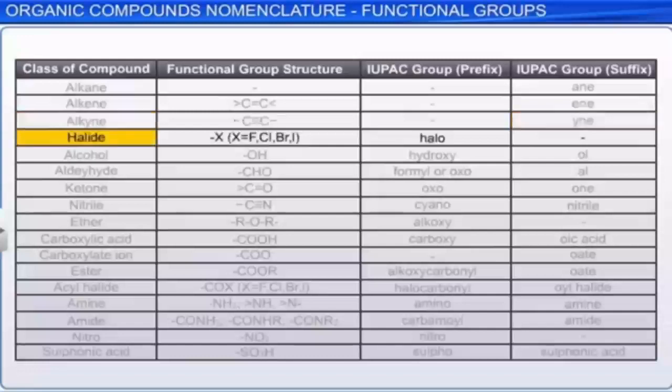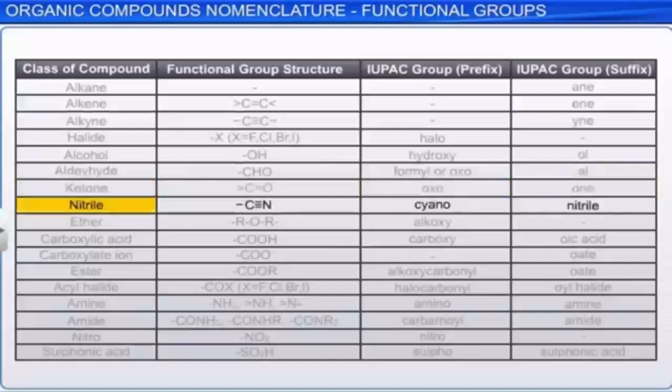The halide group prefix is halo. The alcohol group prefix is hydroxy and the group suffix is ol. The aldehyde group prefix is formyl or oxo and the group suffix is al. The ketone group prefix is oxo and the group suffix is one.